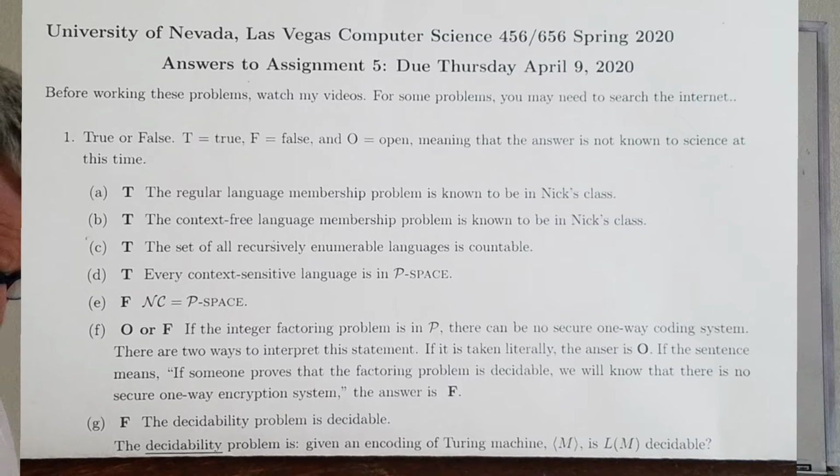Now, because of this ambiguity in the meaning of the question, I will accept either O or F as the correct answer to this problem. All right, now the last problem is that the decidability problem is decidable. That doesn't seem very likely true. It's actually false, and I'm not going to explain it right now.